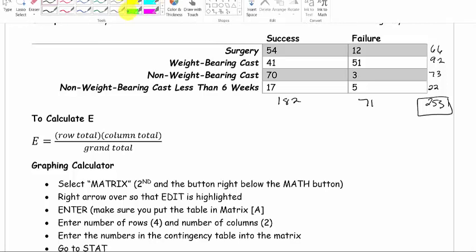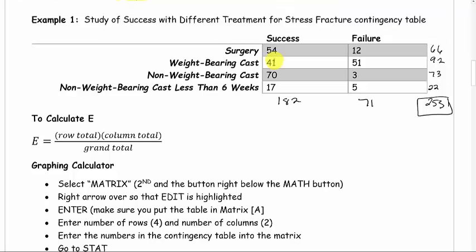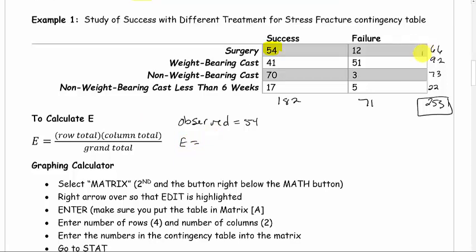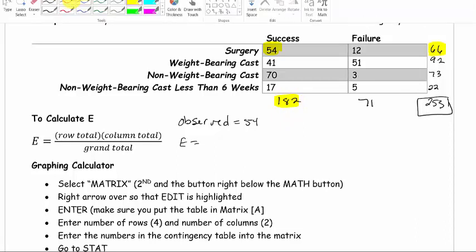Let's just take a look at how we would calculate E for 54. We would need to take our row total times our column total. The row total is 66, the column total is 182, and then you have to divide by your grand total.